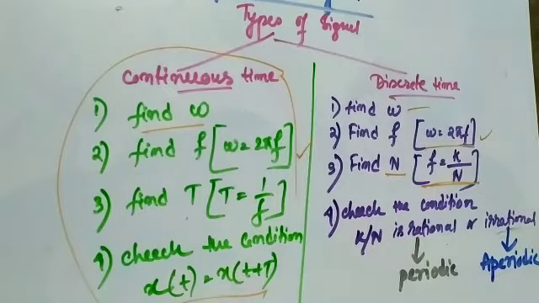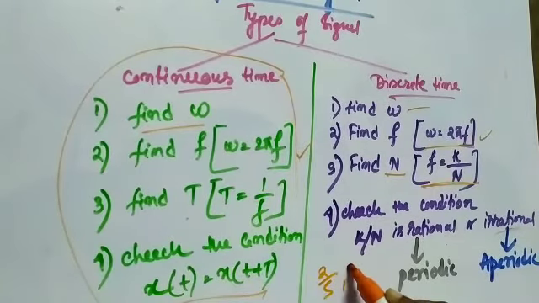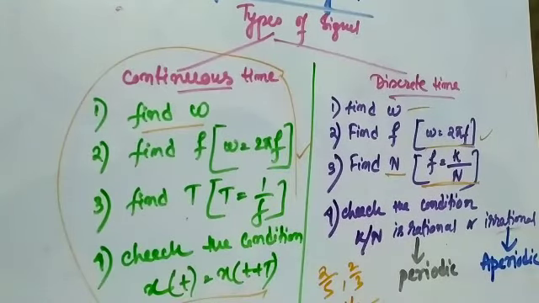Rational means it should be a number like 2 by 5, 2 by 3 or 11 by 2, anything. If the k by N value is a number like this, then the signal is a periodic signal.